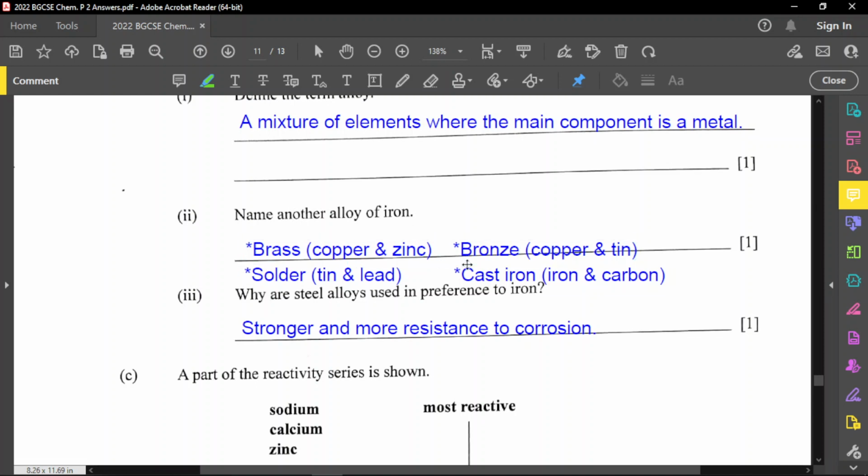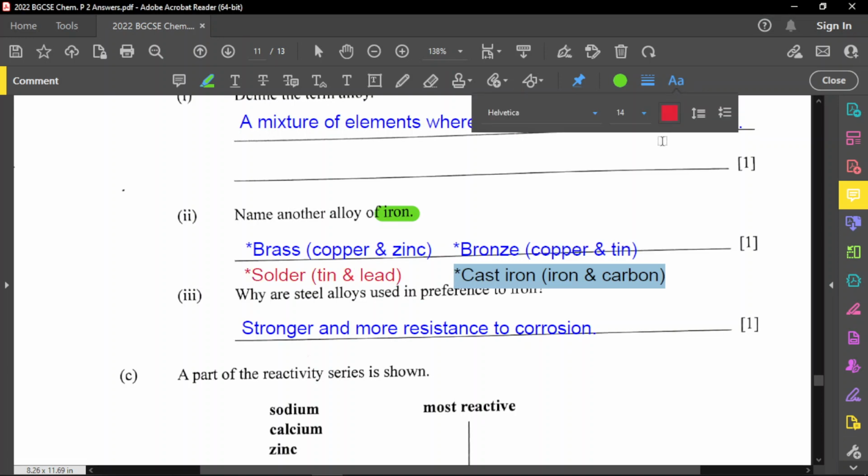So this one here will be cast iron, which is iron and carbon, because it's an alloy of iron. And just to make a note, I put some extra ones. These are not alloys of iron at all. I put brass just for you to know the extra ones. Let me color this one in red. This is the main one that we are looking for in terms of the answer.